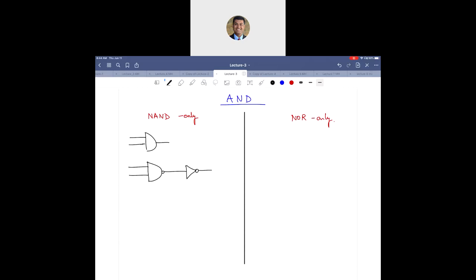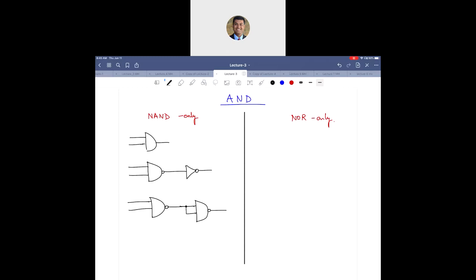Next, I will say this is my NAND, and the next one, which is the NOT, is essentially another NAND with both inputs tied together. We have already seen that. That's a NOT gate. So I've synthesized an AND function only using NAND gates as shown.